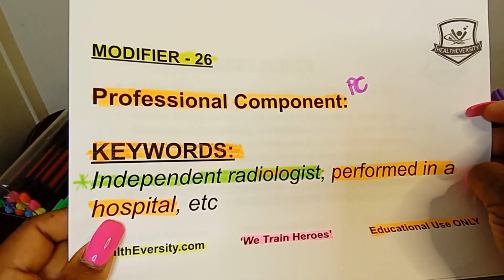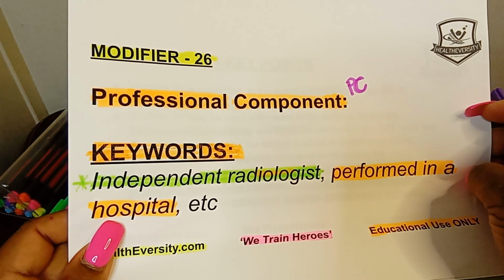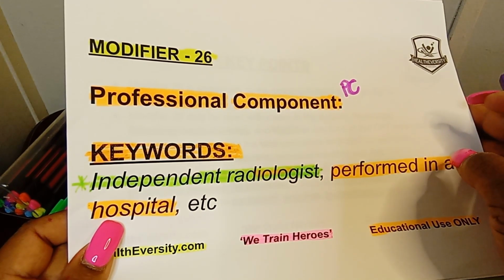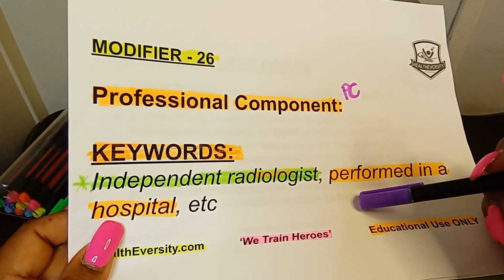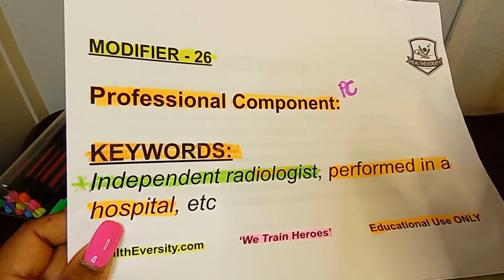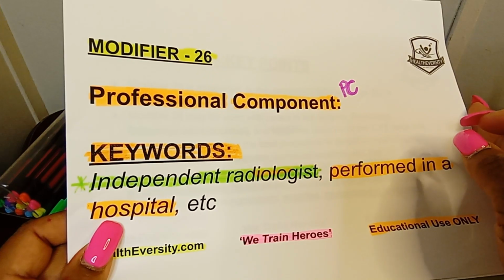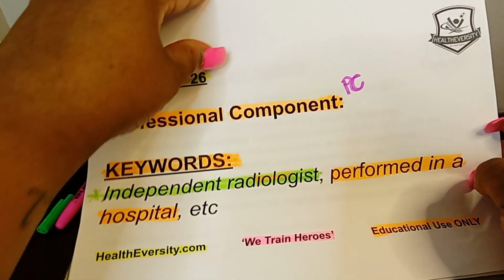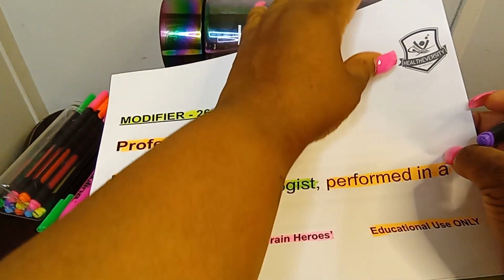So here we go. Independent radiologist. When we're reading it, we need to know who did this. Professional component. Performed in a hospital. Where was this done? Okay, so let's jump to the next page.